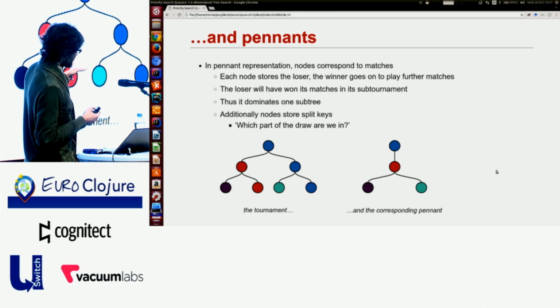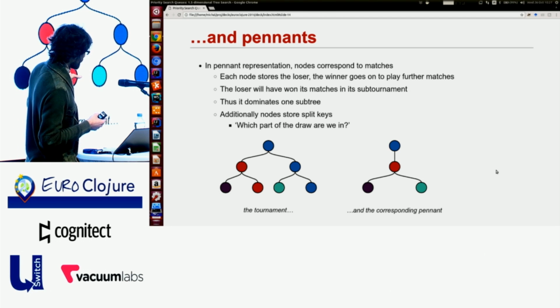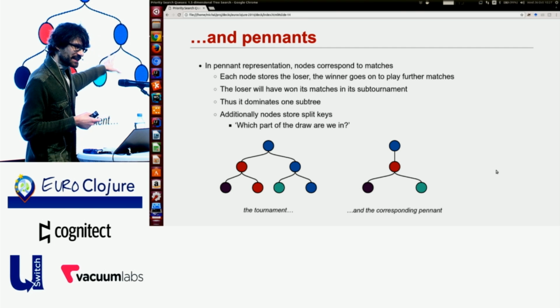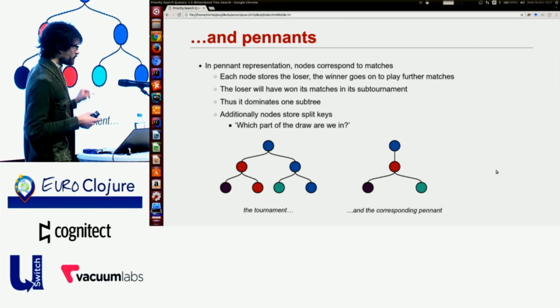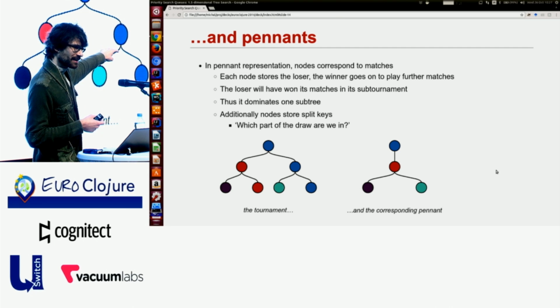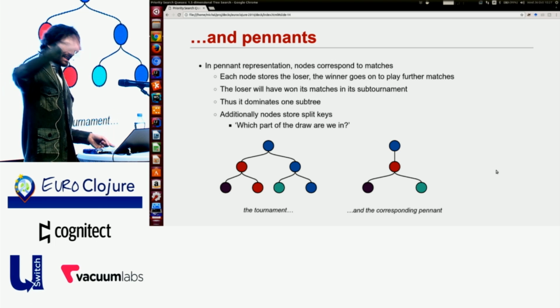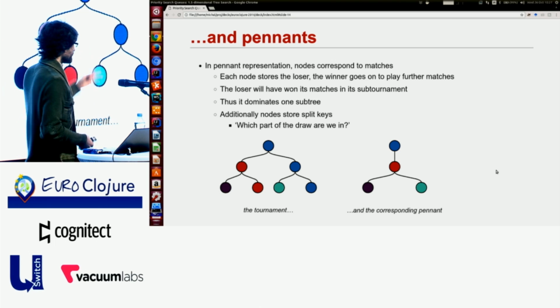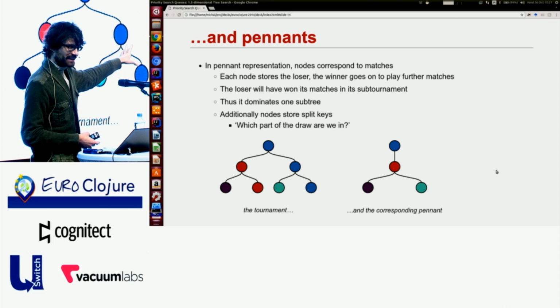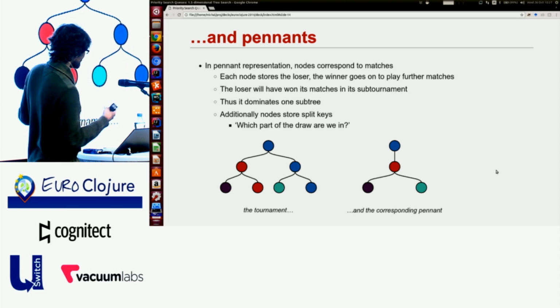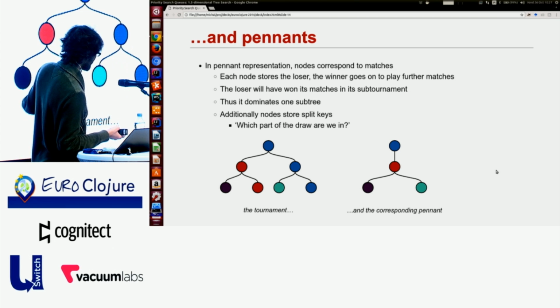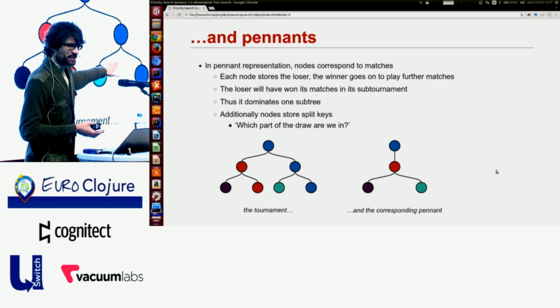And what bears mentioning is that, as expected, as promised, this is a semi-heap, because each loser will have made it to that round by winning some previous matches, right? So red lost its match against blue, and therefore it's stored in the loser part of the diagram, but it still previously beat brown, so it's not stored at leaf level, right?